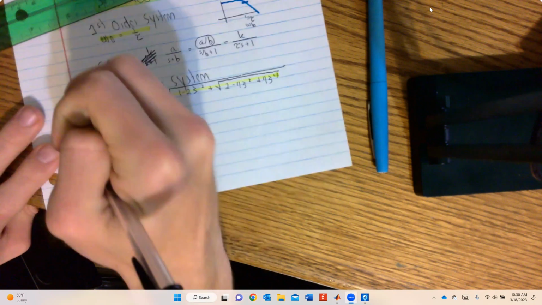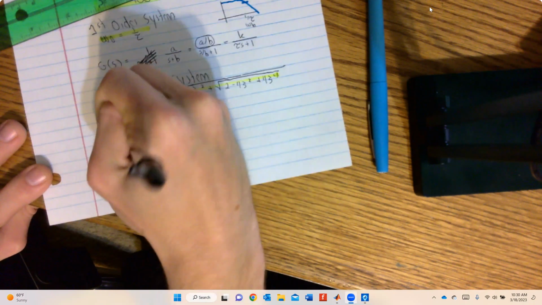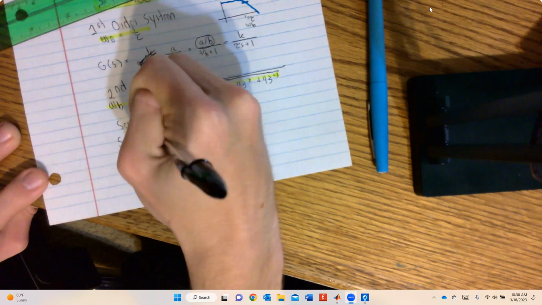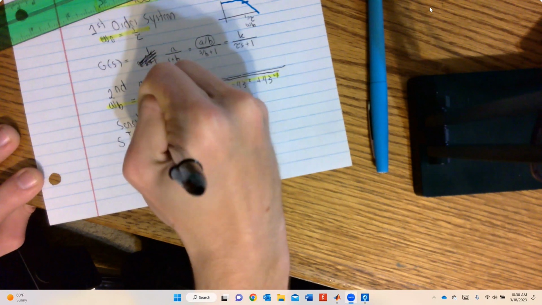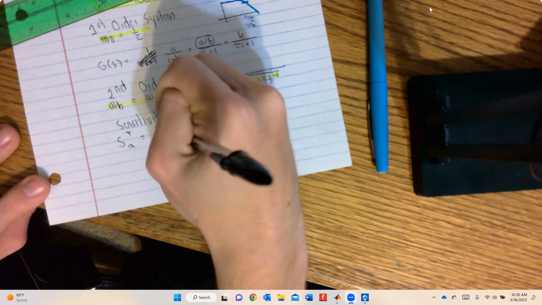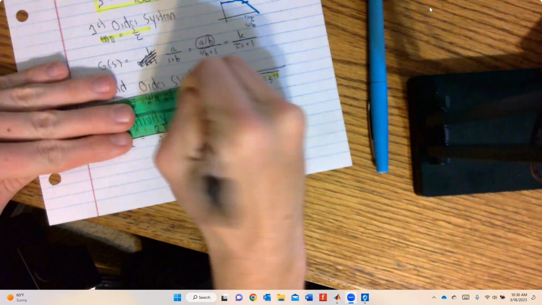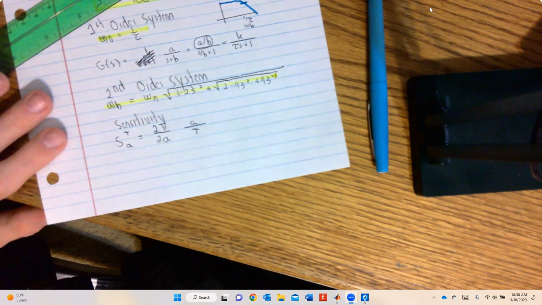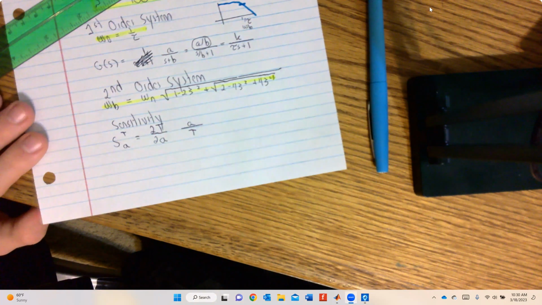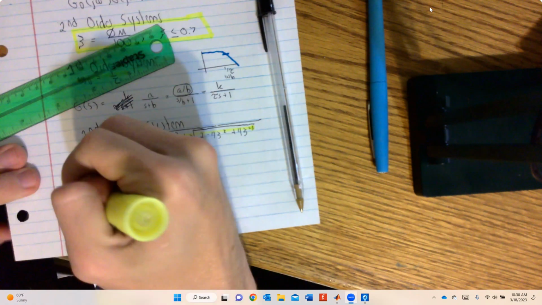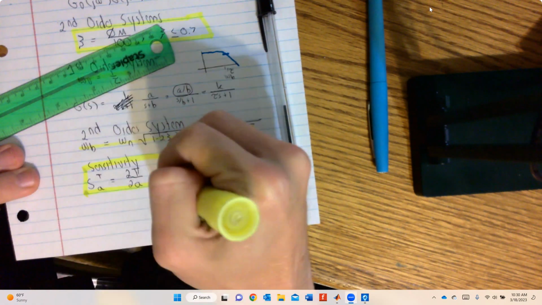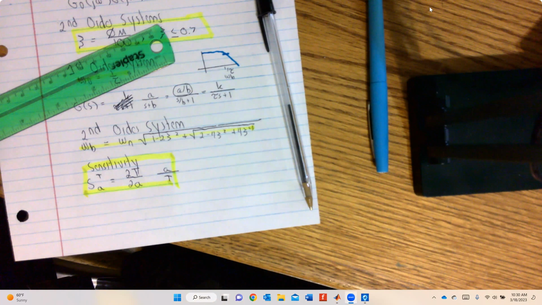The sensitivity of your transfer function for changes in A equals the partial derivative of your transfer function with respect to A, multiplied by A over your transfer function. So this is your general sensitivity equation. It just tells you the sensitivity of your function in response to this variable A changing within your function.